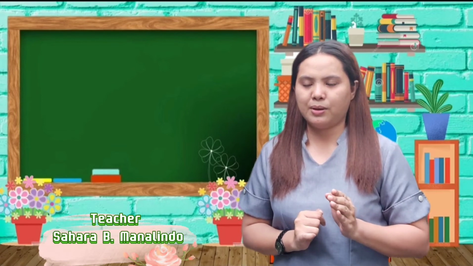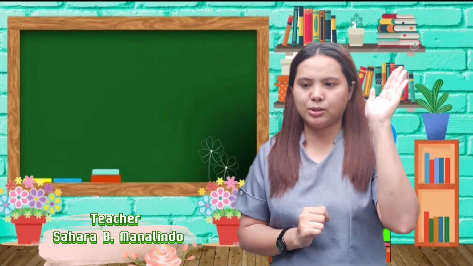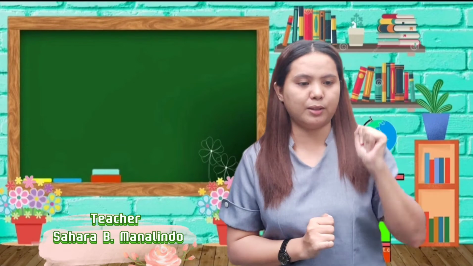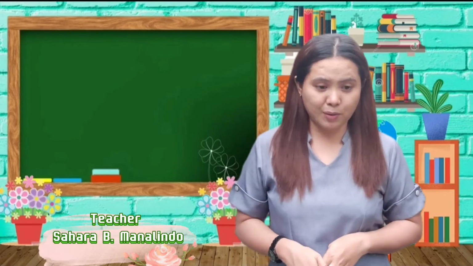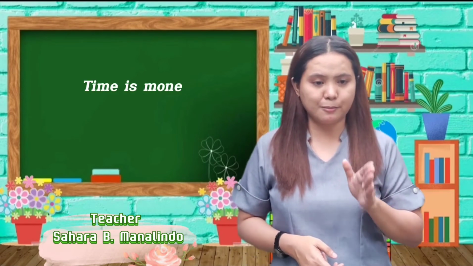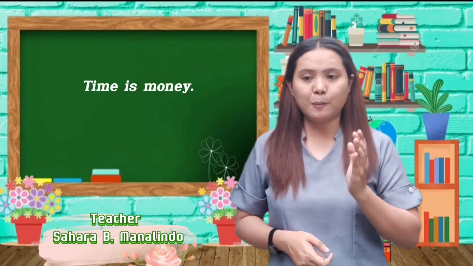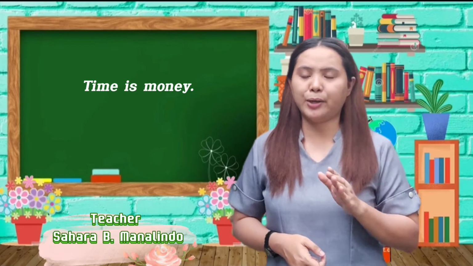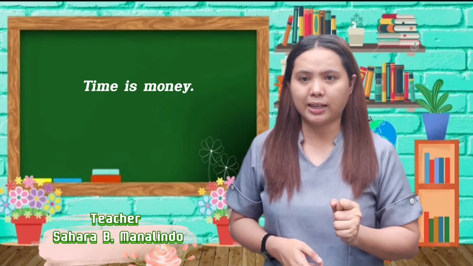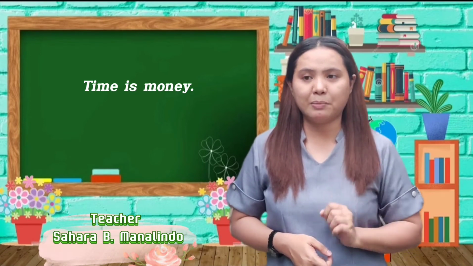Okay, so anyone from the class who wants to give an example of metaphor? Anyone? Okay, Julia. Okay, thank you so much, Julia. Time is money. Time is compared to money, without using like or as. Of course, we know that time is not literally money.